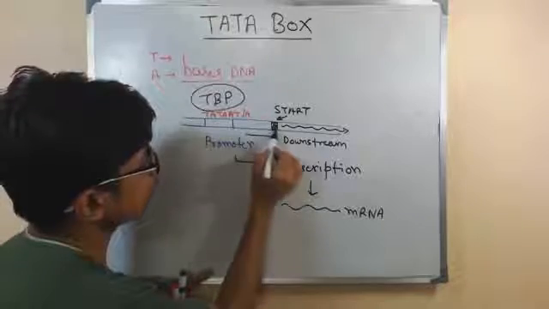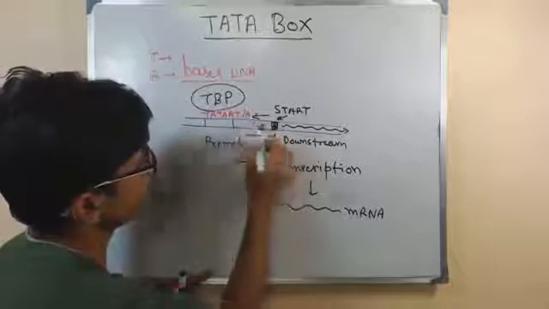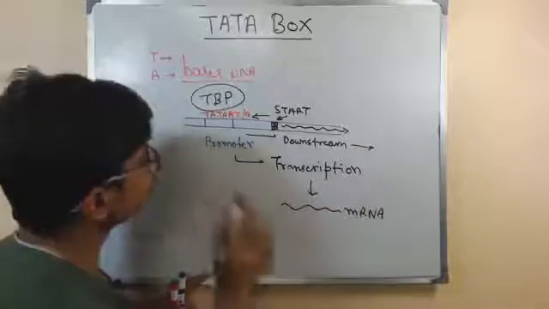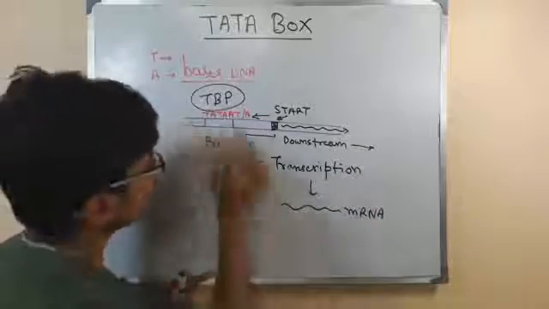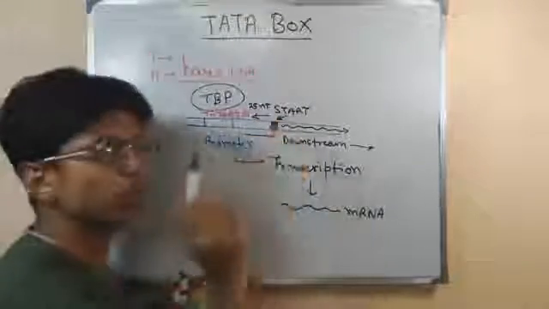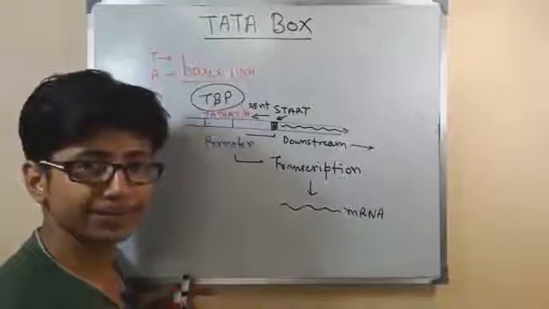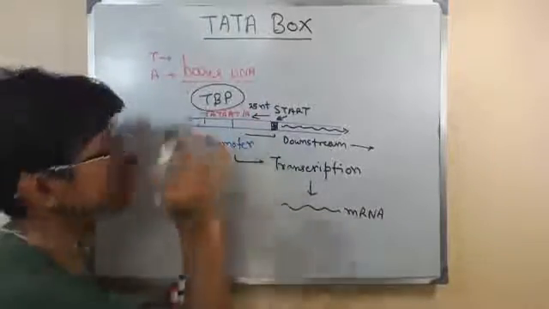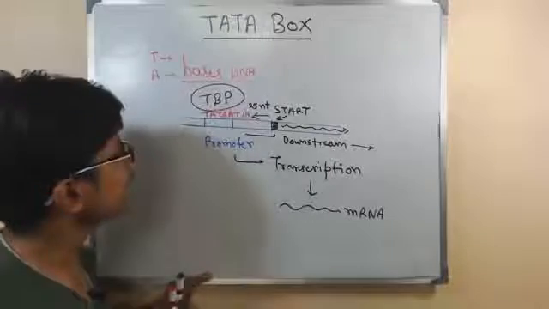So if this is the start site, everything here is the upstream, and this direction is the downstream. So usually the TATA box is found 25 nucleotides upstream of the actual transcription start site.